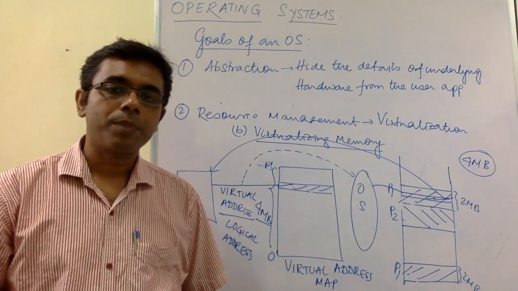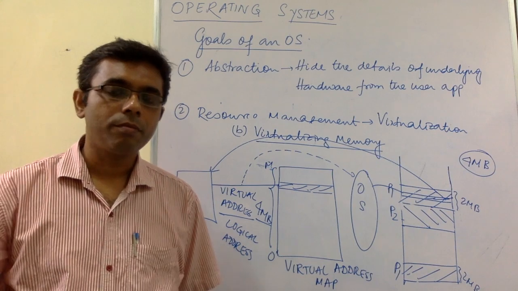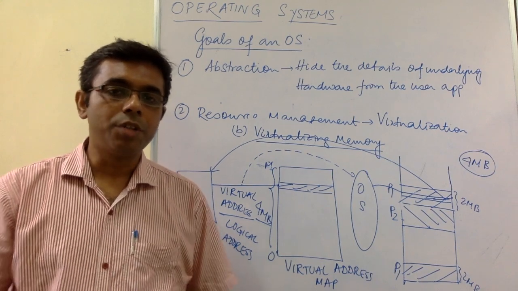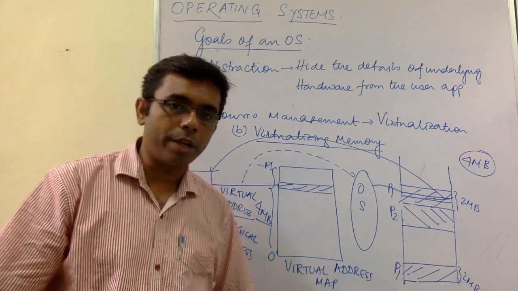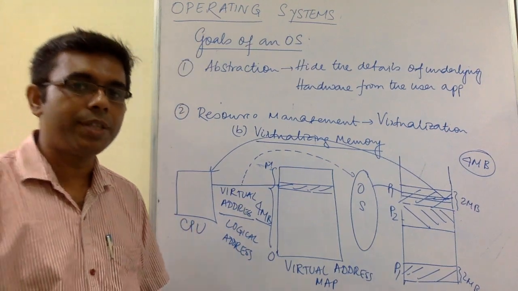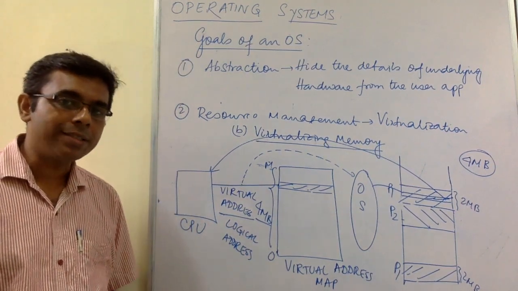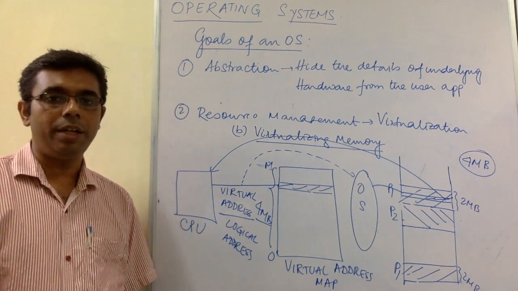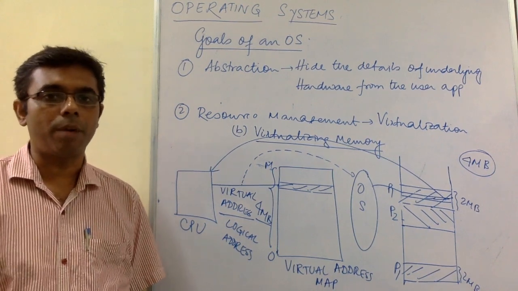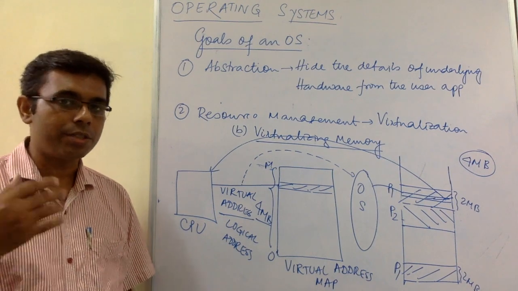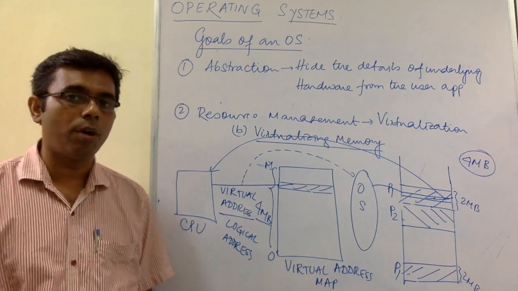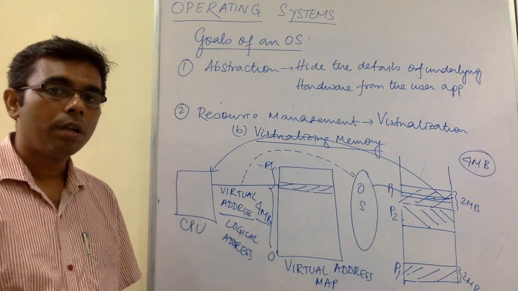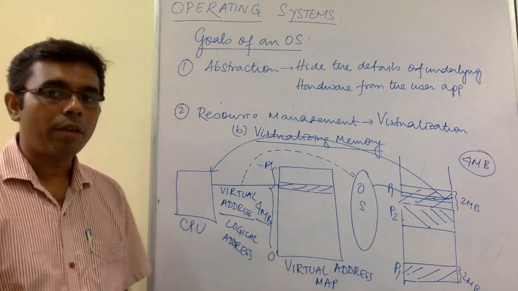So this is how the OS manages a distributed form of storage of a program in the physical memory, whereas the CPU doesn't have to know the details of the actual location of a particular program. It generates instructions keeping in mind the virtual view of the program, and accordingly the translation is done by the OS.